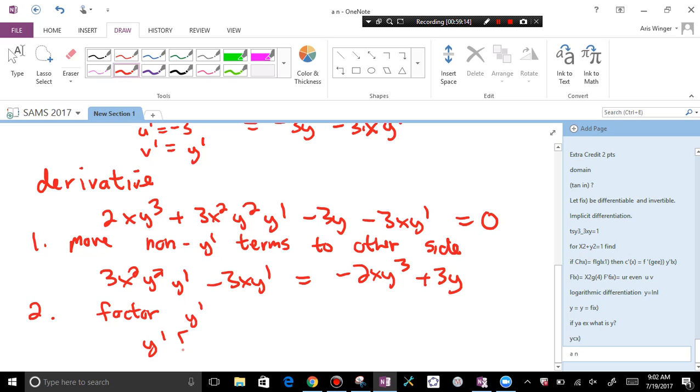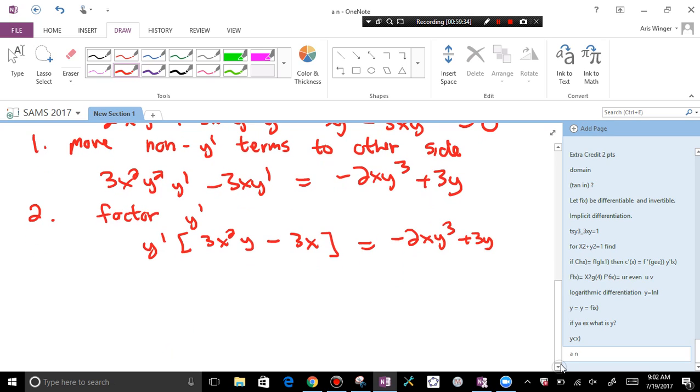This is y prime times 3x squared minus 3x, and that equals minus 2xy cubed plus 3y. And so y prime is equal to minus 2xy cubed plus 3y all over 3x squared minus 3x.